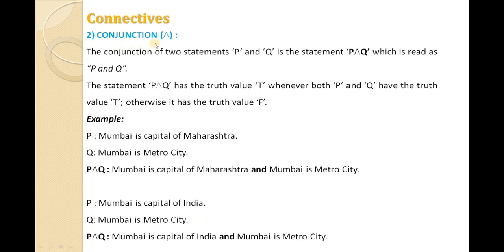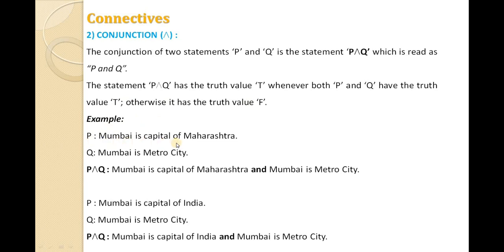The conjunction of two statements P and Q is the statement denoted by the symbol, that is P and Q, which is read as P and Q. The statement P and Q has the truth value T whenever both P and Q have the truth value T. Otherwise, it has the truth value F. Means if both are true, then your final conclusion is true for the AND condition. Otherwise, it is F.